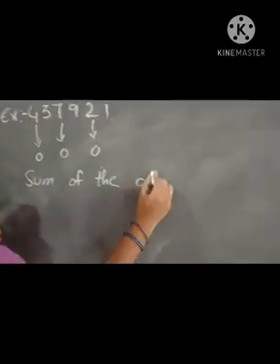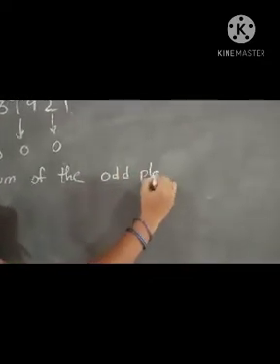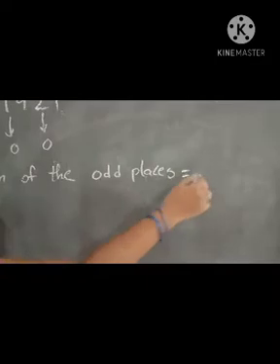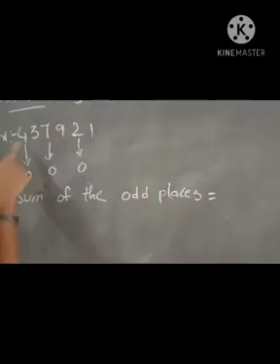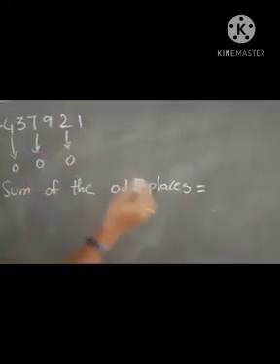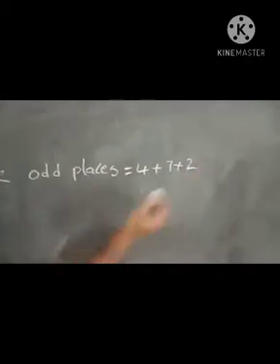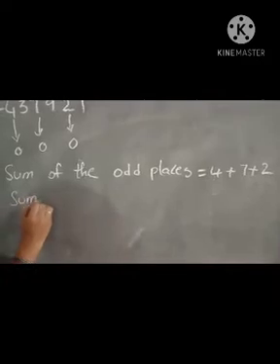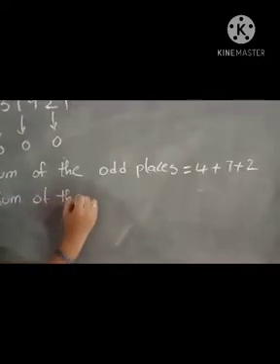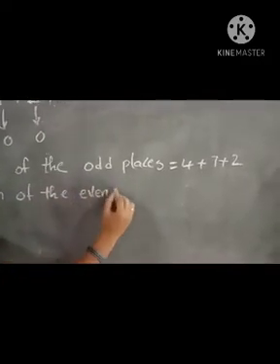See here, what are the odd places numbers? These are the odd place numbers: 4 plus 7 plus 2. Here we have to write 4 plus 7 plus 2. Again, sum of the even places.